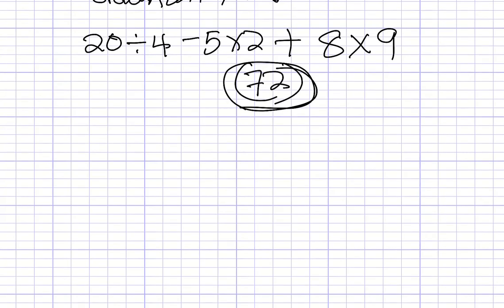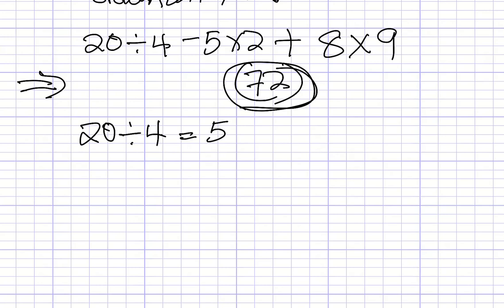So we'll go from left to right. Going from left to right, we have to do division or multiplication first before we do addition and subtraction. So we have division there. 20 divided by 4 is 5, right?